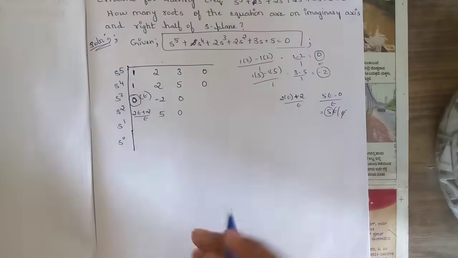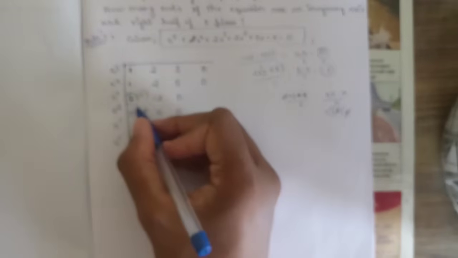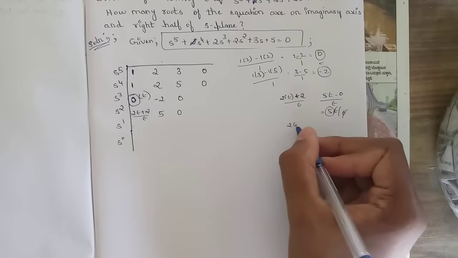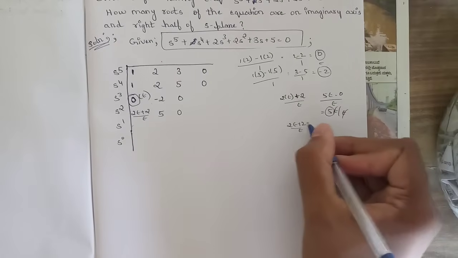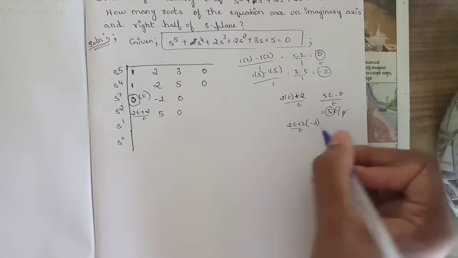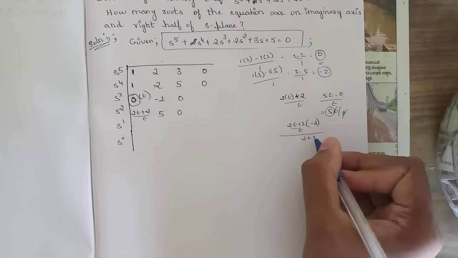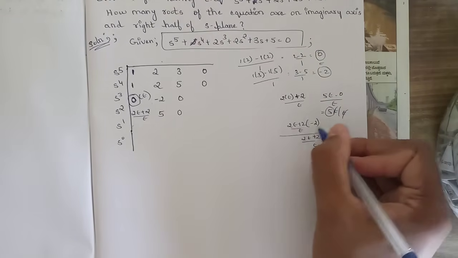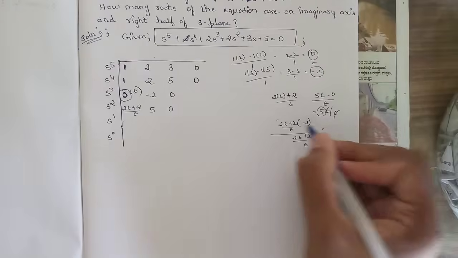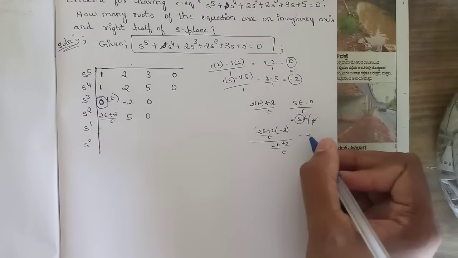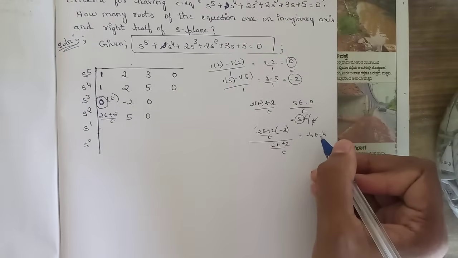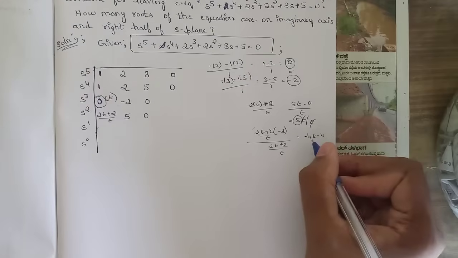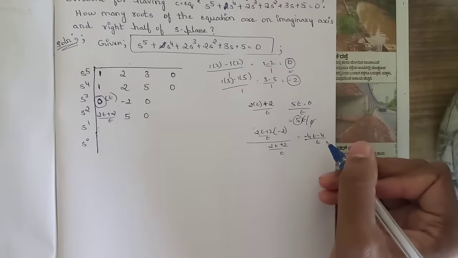So here it is again 0. Now these two we need to multiply in order to get this element, that is 2 epsilon plus 2 by epsilon into minus 2 divided by 2 epsilon plus 2 by epsilon. So multiplying minus 2 with this term gives minus 4 epsilon minus 4 divided by epsilon.